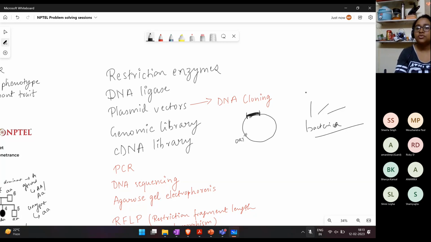So in this way you are making clones, or copies, of your gene of interest, which are present in the different bacterial colonies. So in this way you can safely store and use that for any other purpose later on.